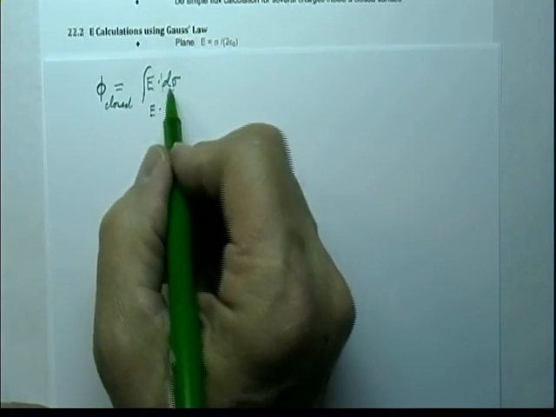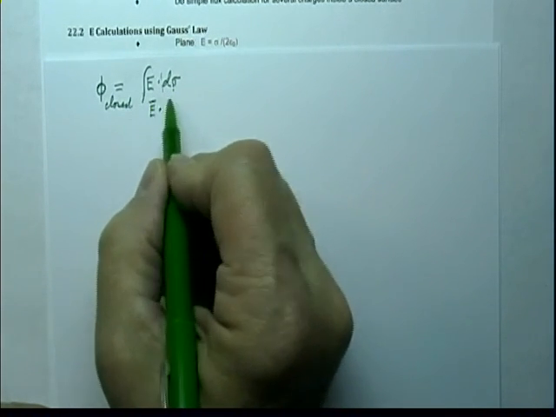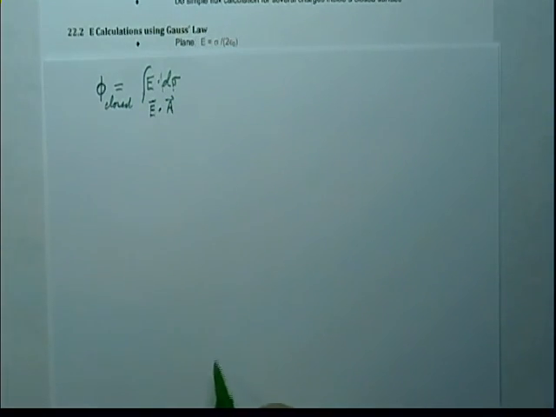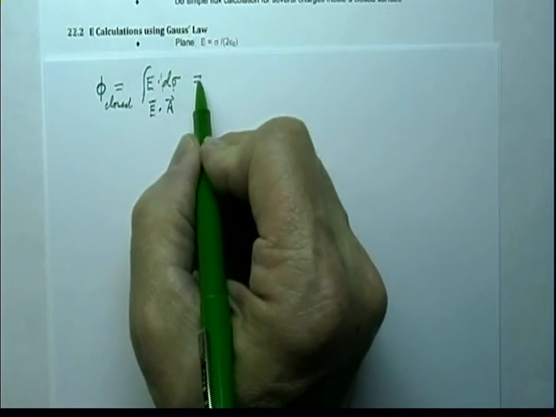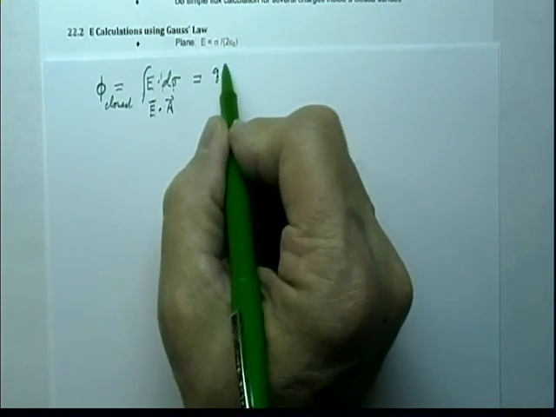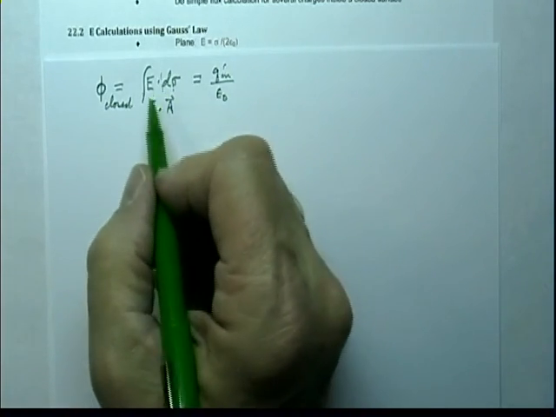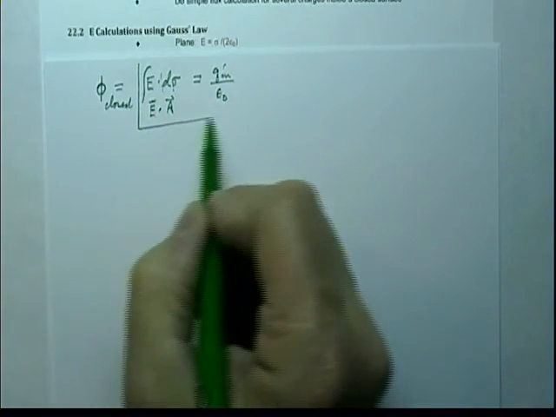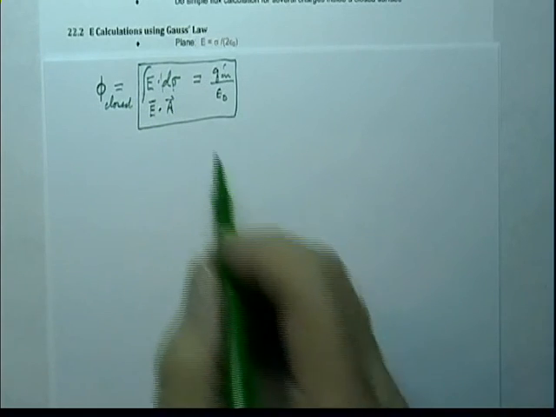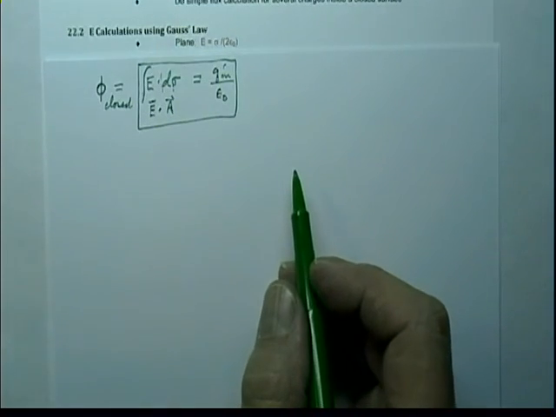If you know calculus, you'd use it this way. Otherwise, you'd say it's the dot product of E times all the little surface elements A. And that is the charge inside divided by epsilon naught.